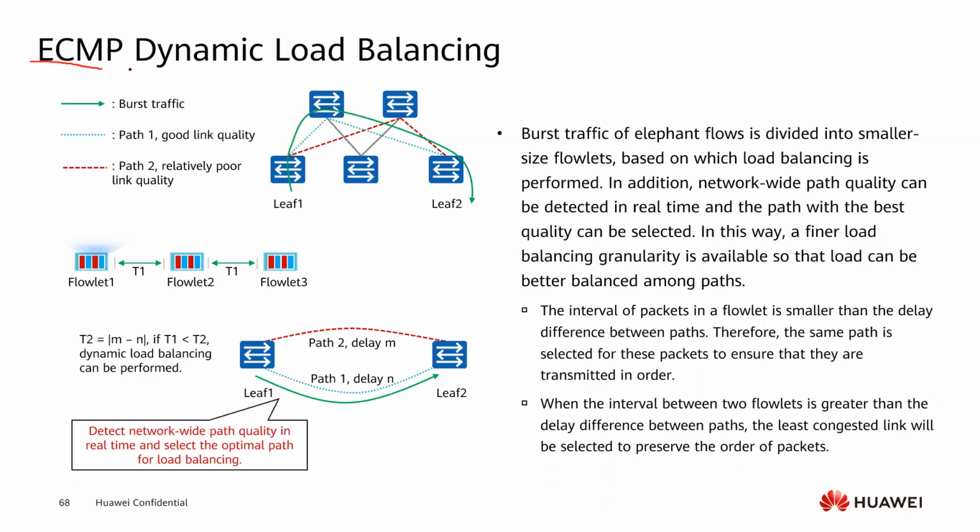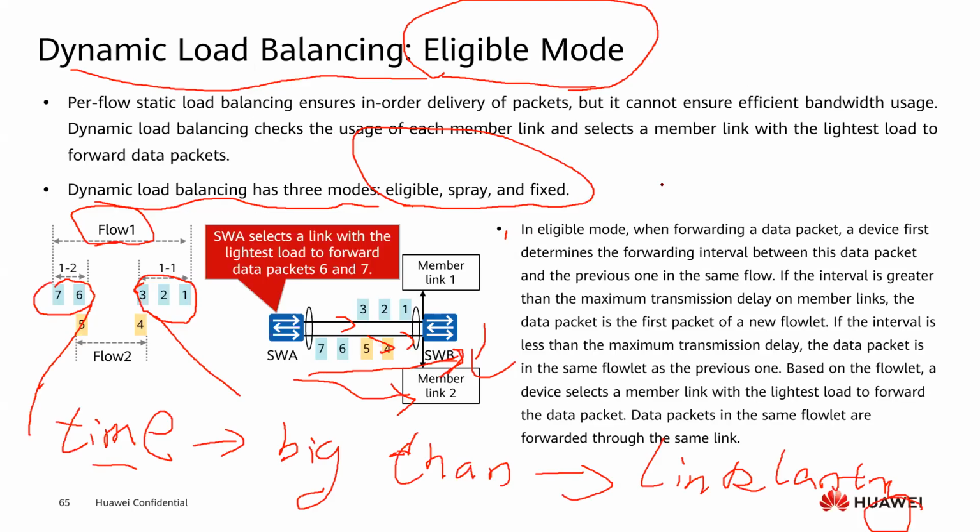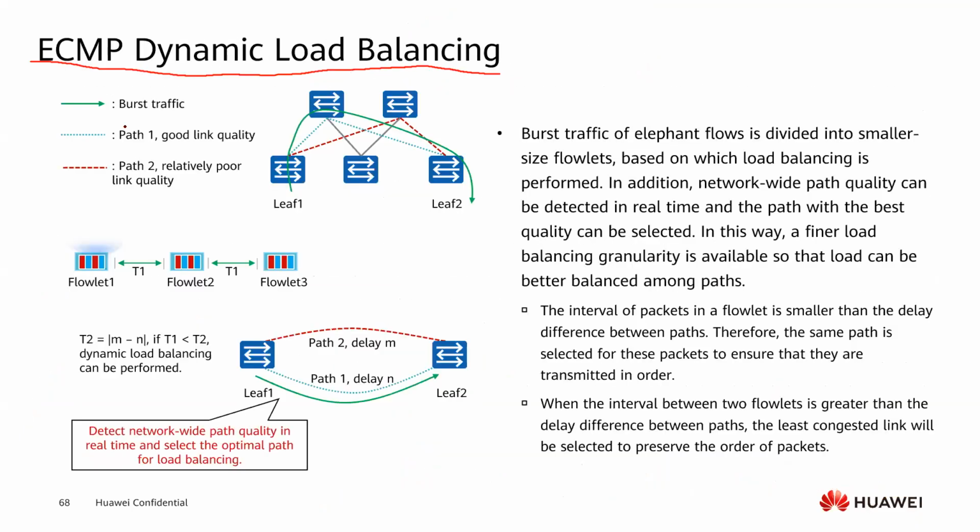Another is ECMP dynamic load balancing. The LAG is used for layer 2, and the ECMP is used for layer 3. Equal cost multiple paths. Here is an example. Leaf 1 to leaf 2, we have two paths, path 1 and path 2.